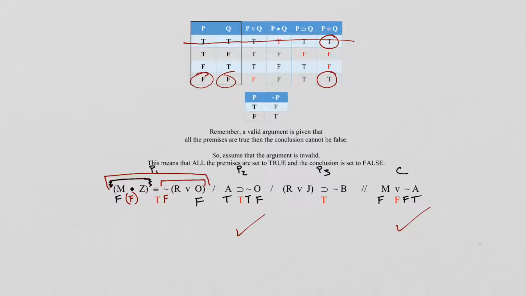Okay, so the negation on the outside is where I need to put that false. And then on the inside, I know I need it to be true. So I don't know what R is right now, but it doesn't matter. I know overall everything inside of these parentheses has to be true because I need the opposite, false, out here in order for this to work.